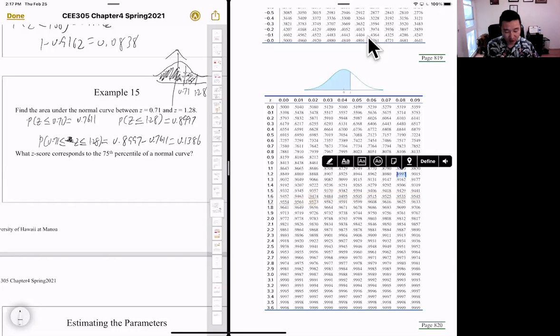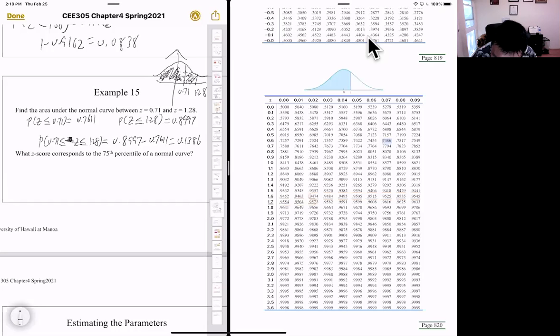Next, the z-score corresponding to the 75th percentile. We need to find where the table gives 0.7500. It is around here.